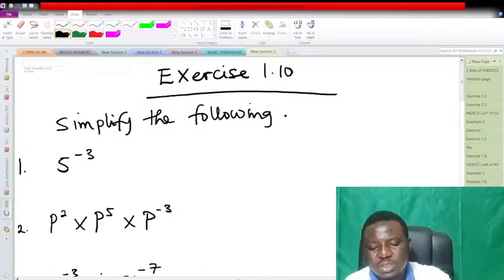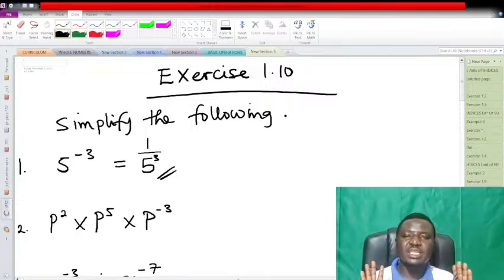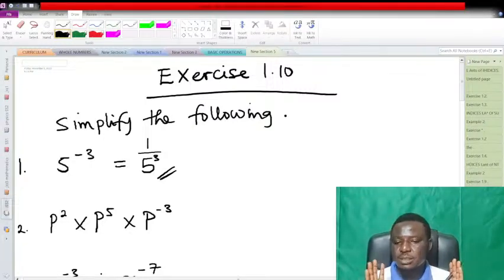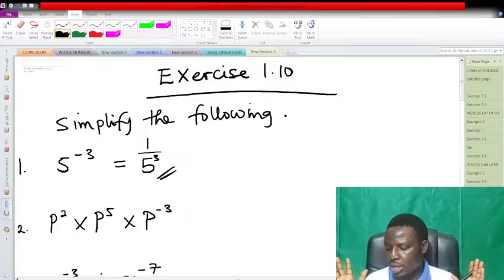Now, we are asked to simplify the following. 5 raised to the power of negative 3. This is a negative power law, and this can be simplified to be equal to 1 divided by 5 cubed. That is all you are expected to do. We are asked to simplify it, leaving it in indices form, okay?